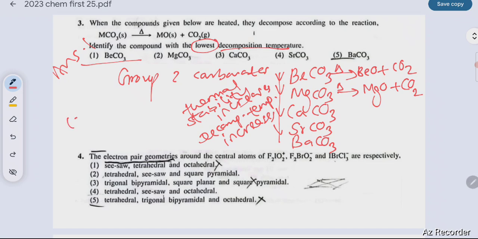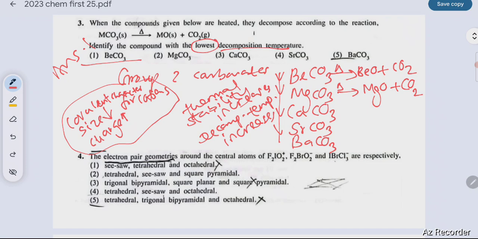Because for covalent character, you all know that covalent character for cations is increased when size is lowered and charge is high. Now in this direction the size increases, which means the ionic character increases. So when ionic character increases, they have high decomposition temperatures.